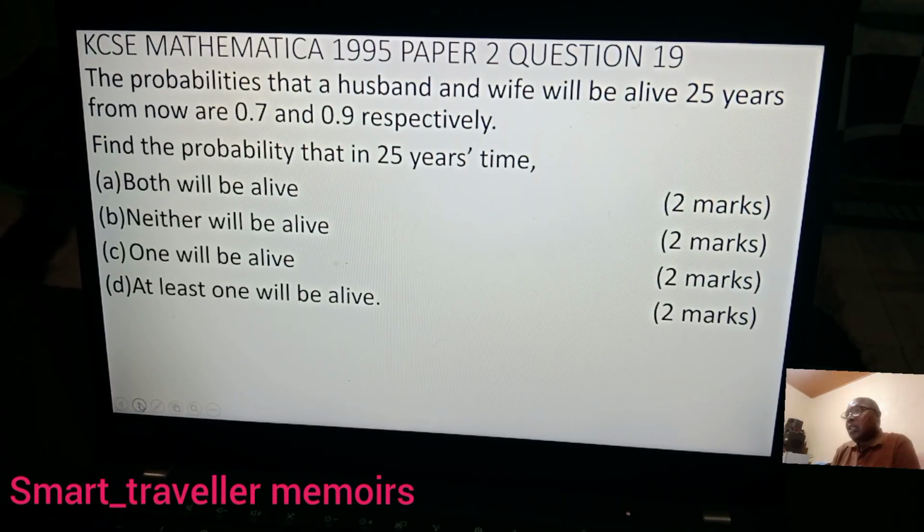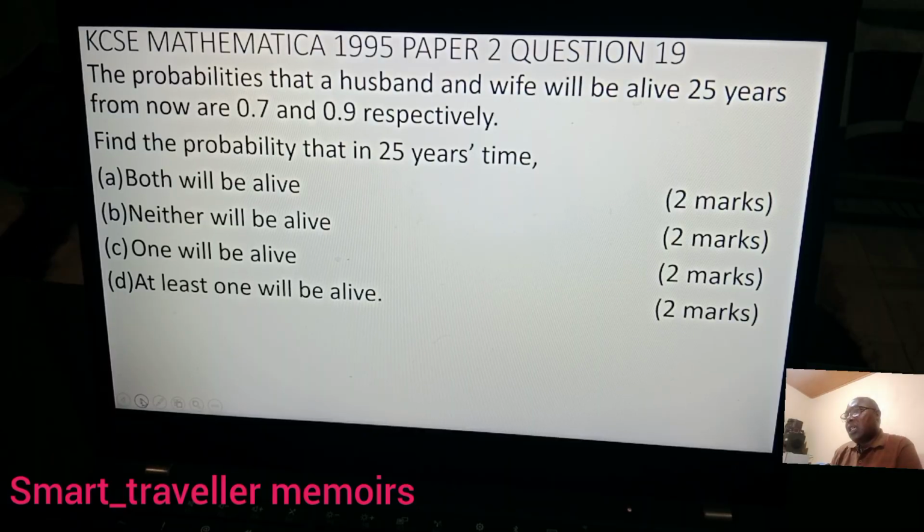The question was question 19 in the KCSE of 1995. The probabilities that a husband and wife will be alive 25 years from now are 0.7 and 0.9 respectively.